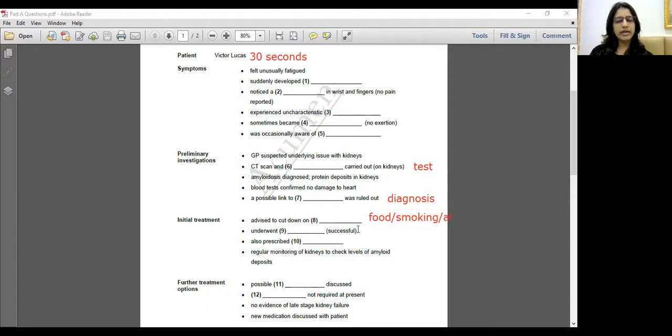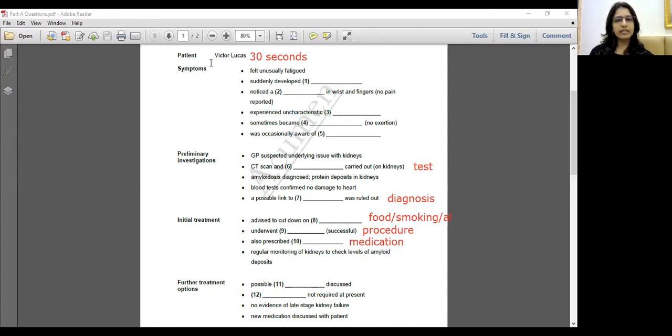Then underwent, and the bracket says successful. So this has to be a procedure that they underwent. Then the 10th says prescribed. We use prescribe with medication, so I'm looking for the name of a medication here.